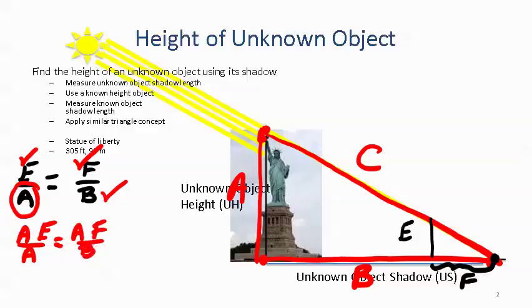Then we observe that this A and this A cancel out. And then we are going to multiply both sides of this equation with the inverse of F over B. So we get the following. The inverse of F over B is B over F.